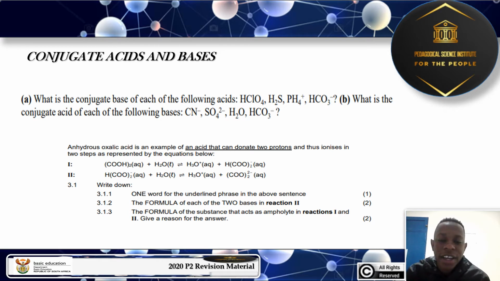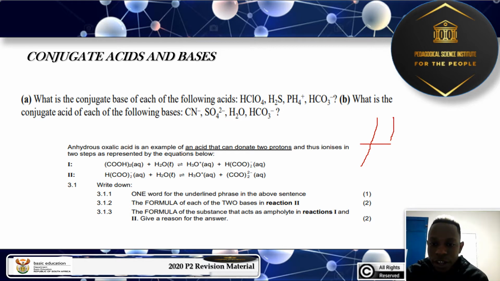So we continue. The last one we have is HCO3 minus. How many H's are we going to have now? We are going to have 2, because it's a base, it has accepted. So we are going to have H2, then C, then O, then 3.